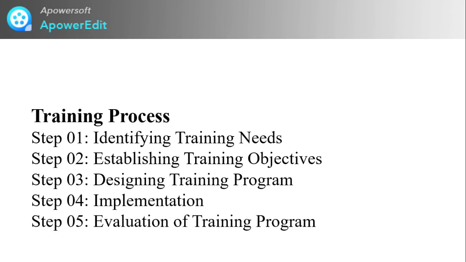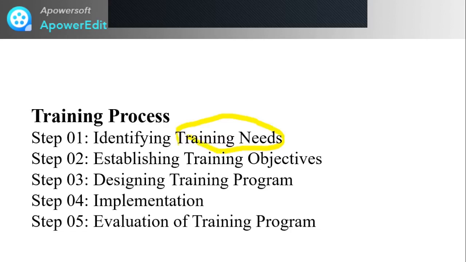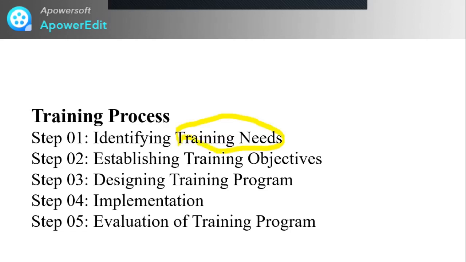Several people use several steps, but for your understanding, I use 5 steps. First one, identifying training needs. Before we deliver a training program, we need to understand what are the real training needs of the employee. Then second, based on the identified training needs, we have to establish training objectives.